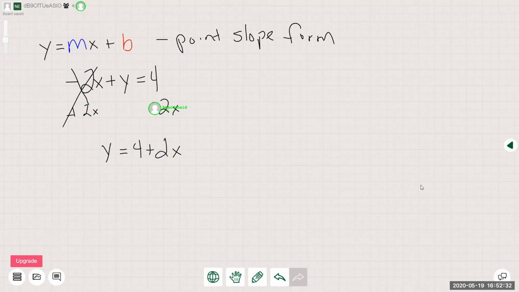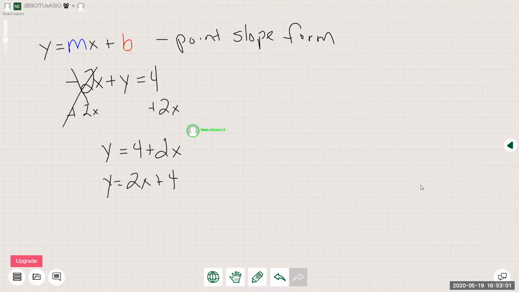This is okay, but we can actually rearrange it to put it into point slope form so it's not so confusing. We can just do that by changing the numbers around. It's a positive 2x, and that's a positive 4, so it's going to be y equals 2x plus 4. And then looking at that, from here we can identify our slope and our y-intercept.